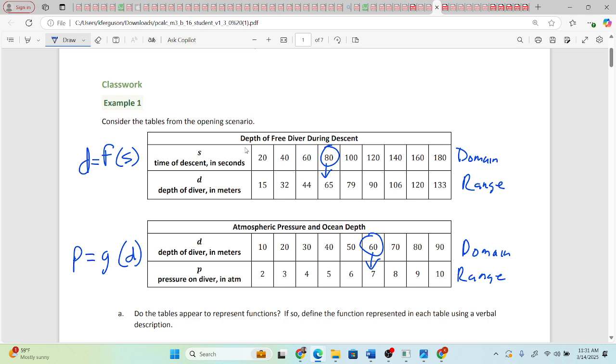Well, if I look at my first chart, that's about going down in the water, right? But my second chart is about how much pressure I have. So how am I supposed to figure out if I'm thinking in seconds to get to P? Does anybody have any ideas? How do I go from seconds in the first chart to pressure in the second chart?